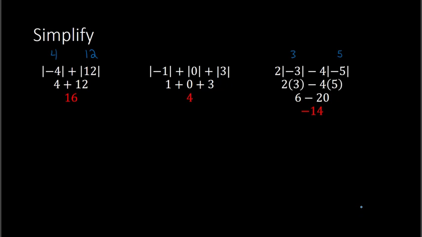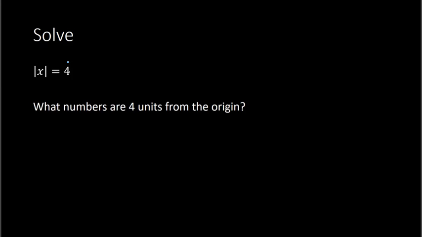We're going to take things one step further, where now we need to solve with absolute value. Here we are told that the absolute value of x equals 4. So another way of thinking of this is, what number is 4 away from 0? What number has a distance from 0 equaling 4? So if you think on the number line, okay, here is your origin.